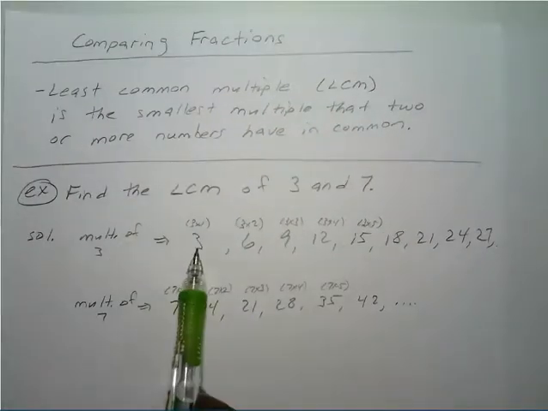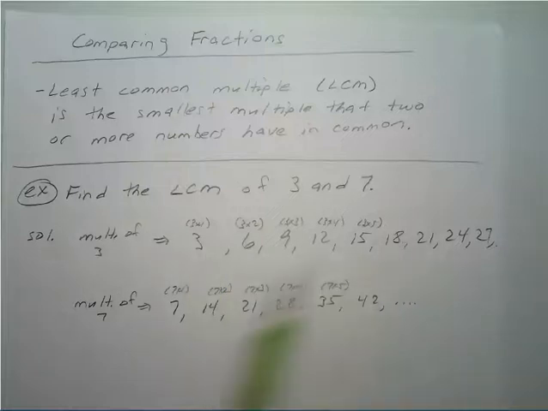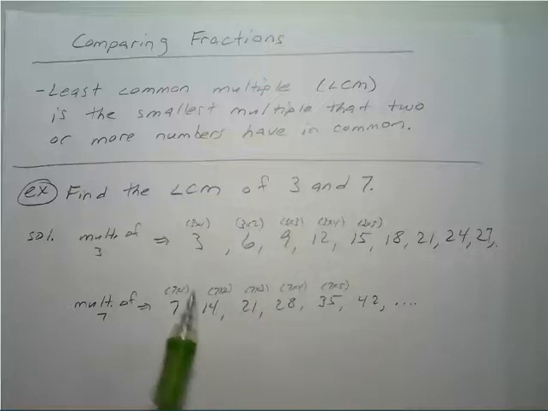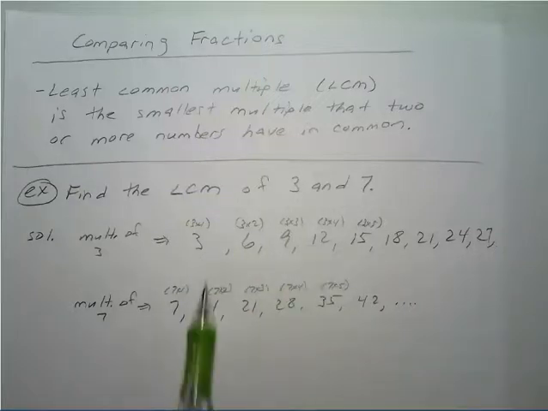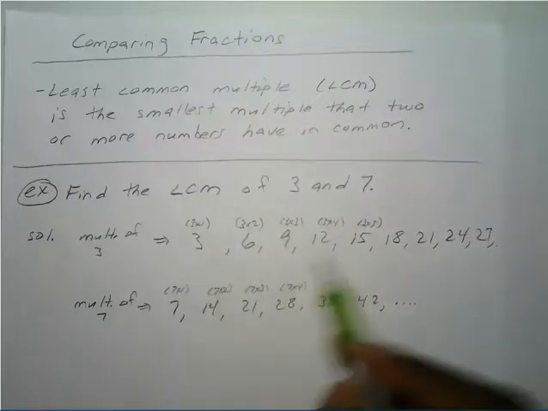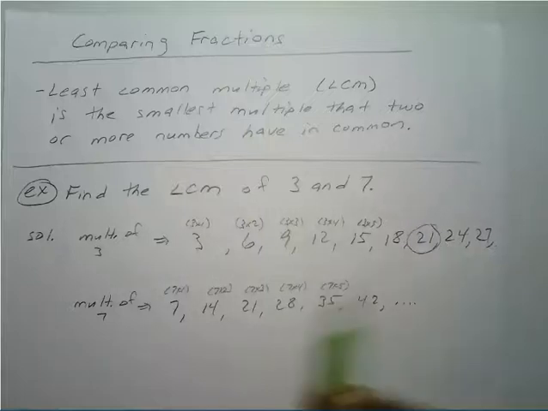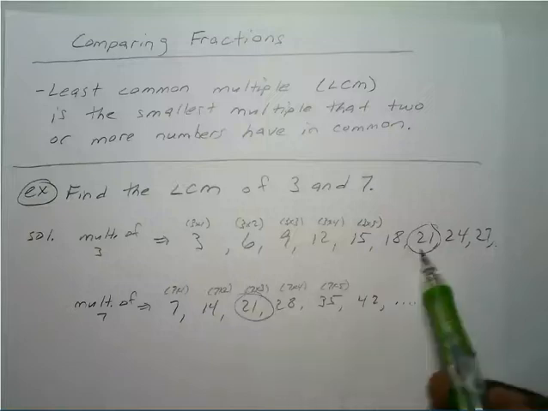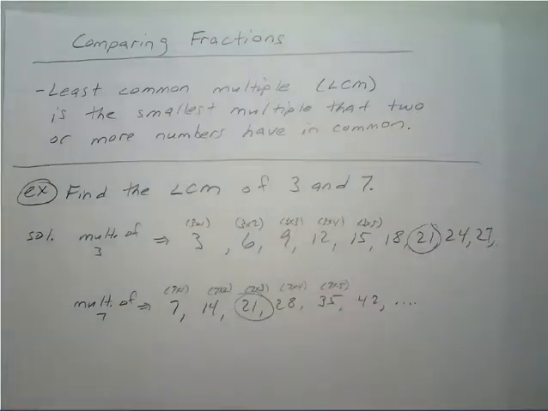Now, when we go to our multiples of 3 and our multiples of 7, what's the smallest multiple that they have in common? You don't have a 7 up here. You don't have a 14 up here. But you do have a 21. That's the smallest multiple that they have in common.